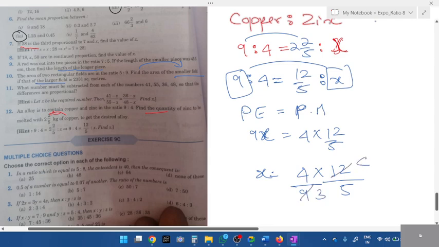Three threes are, three fours are. What's the answer? 16 by 15. If you convert into a mixed fraction, very good.